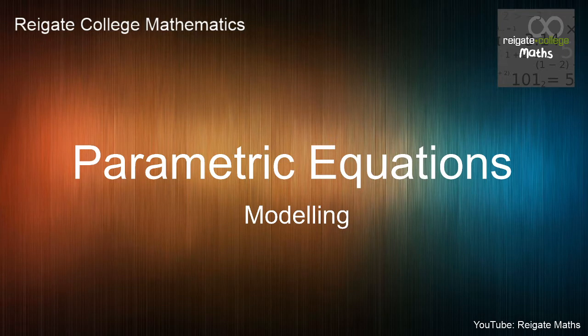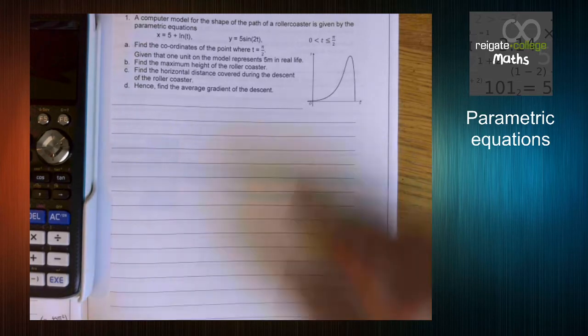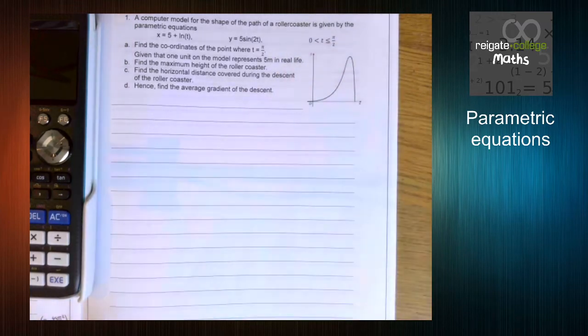So the example we're going to look at now focuses on modelling the path of a roller coaster. If you've ever been to Thorpe Park or Alton Towers in the UK, you can see we've got this kind of steep drop.